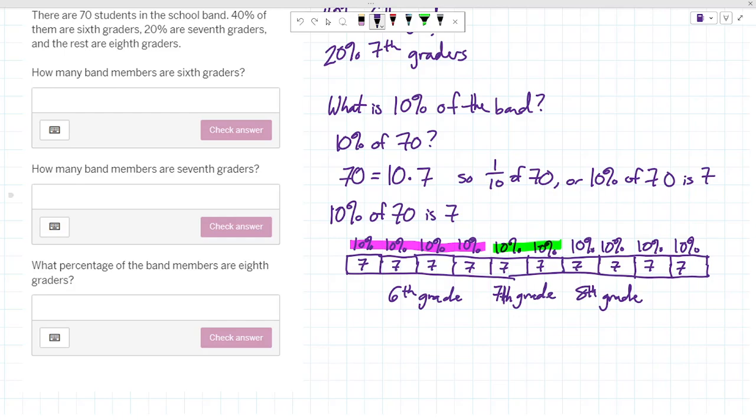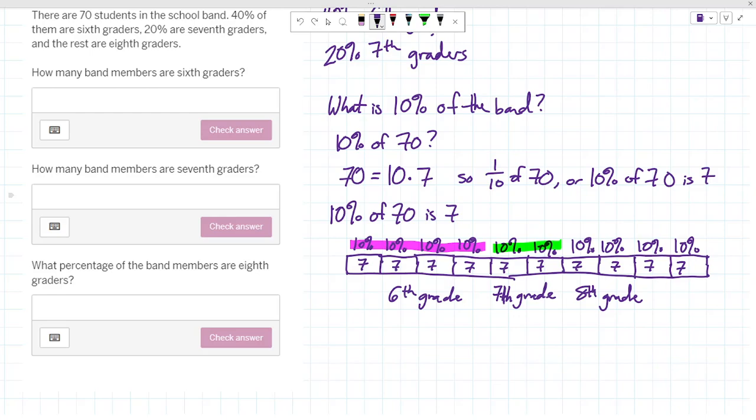Okay, and then it says how many band members are 7th graders. How many groups of students do we have in the 7th grade part of the tape diagram? We have 2 of them, so you would find the answer by doing 2 groups of 7, or 2 times 7. And you'll put that answer here once you do 2 times 7. Finally, what percentage of the band members are 8th graders?